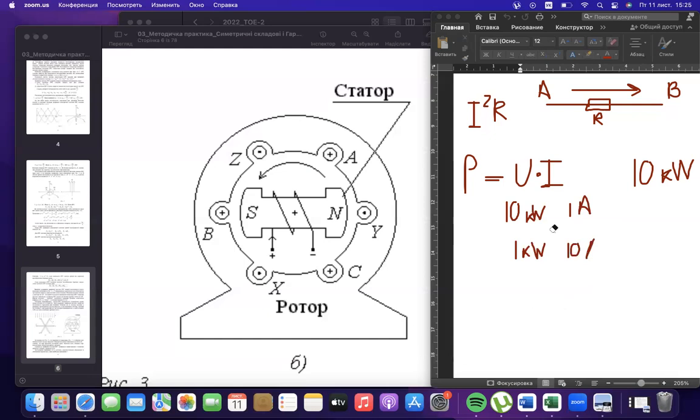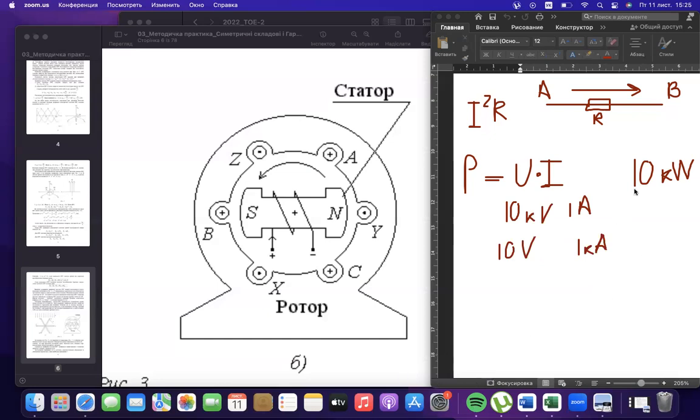Or let's say in this way, we could take just 10 volts and 1 kiloampere current. The power will be the same.